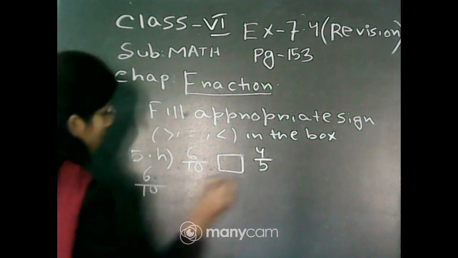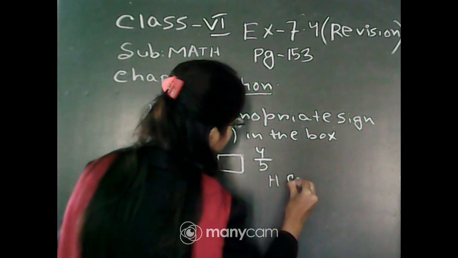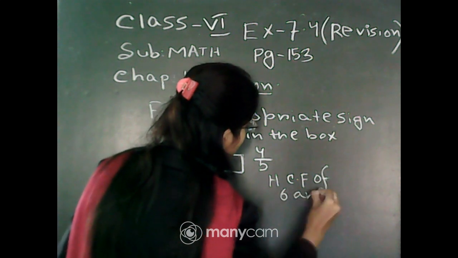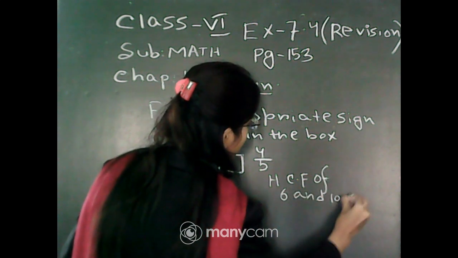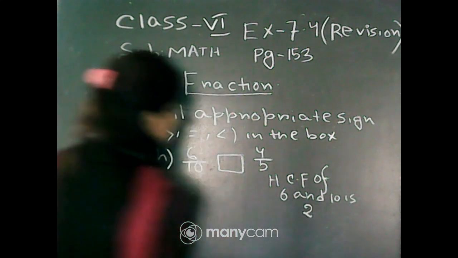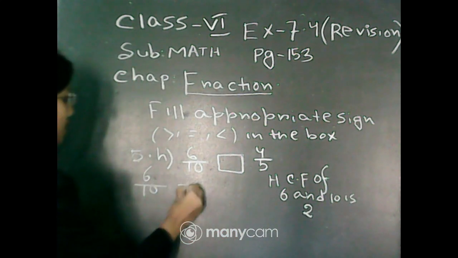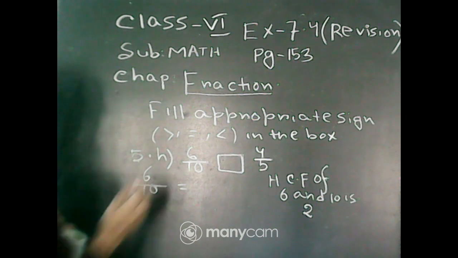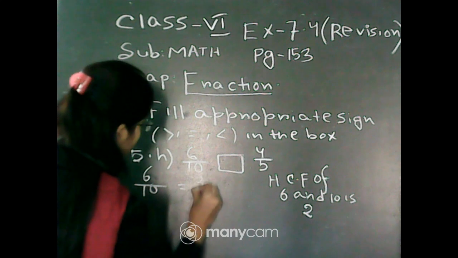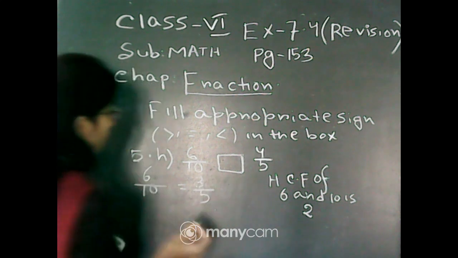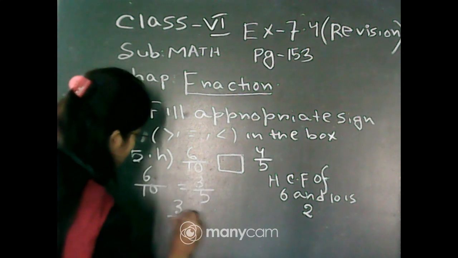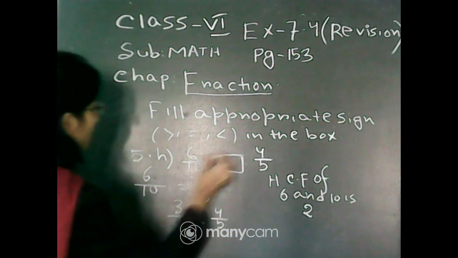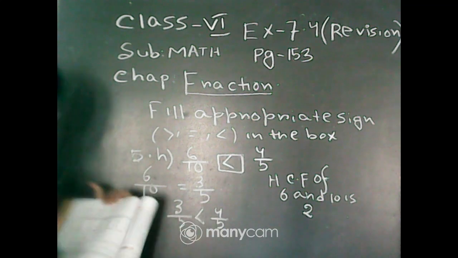Now, HCF of 6 and 10 is 2. Therefore, to get the simplest form, we divide both the numerator and the denominator by 2 and we get this is equal to 3 divided by 5. Obviously, 3 by 5 is less than 4 by 5. So, here the sign is less than.